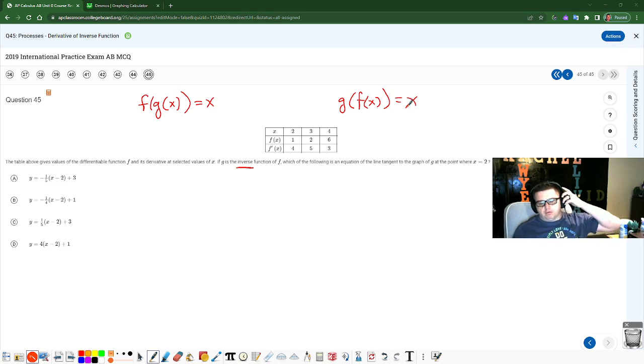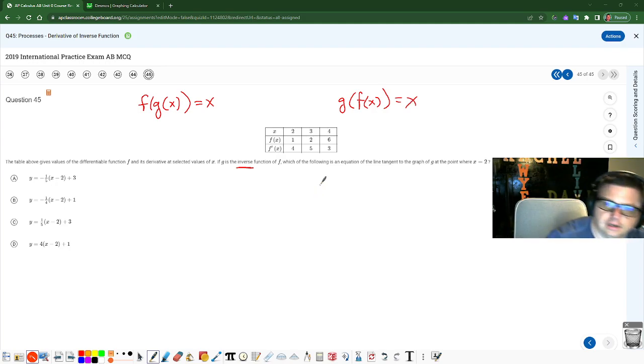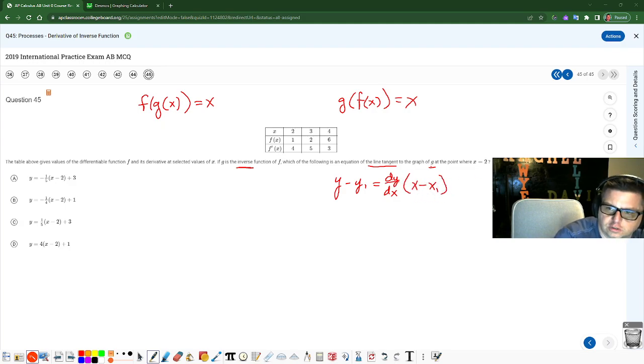And if you think about your derivatives and what you're looking for, I need to get a line tangent to the graph of g, which means the line of tangent is y minus y1 equals dy over dx times x minus x1, where dy over dx has got to be our g prime of x. So if that's the case, then what I really want is this one.